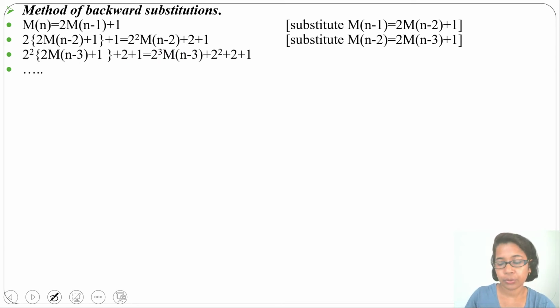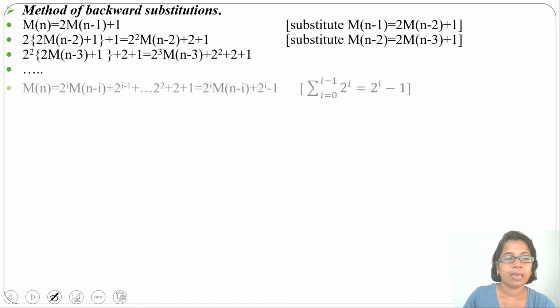From this sequence we can get a general pattern like M of n equals 2 power i M of n minus i, then 2 power i minus 1 plus up to 2 square plus 2 plus 1. You can mark when 2 power 3, here 2 square.